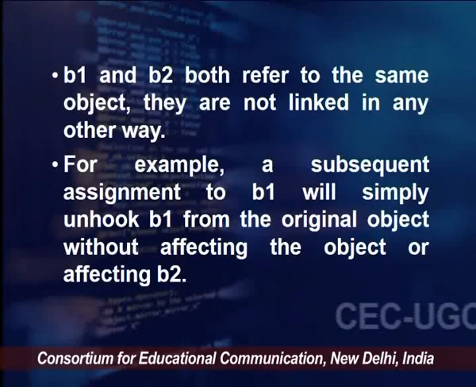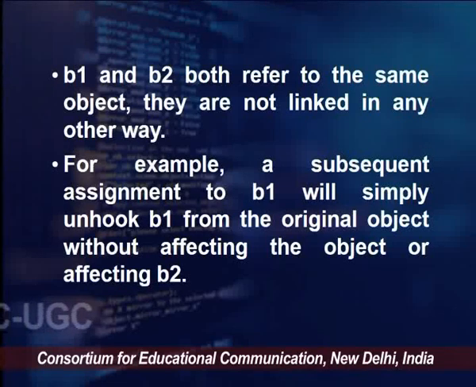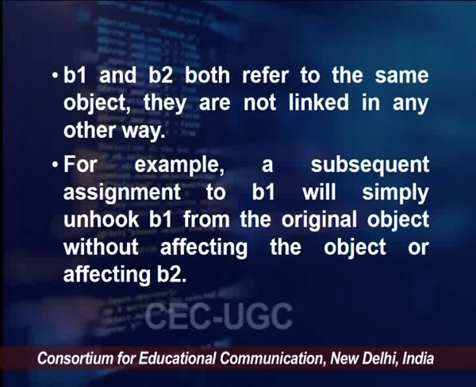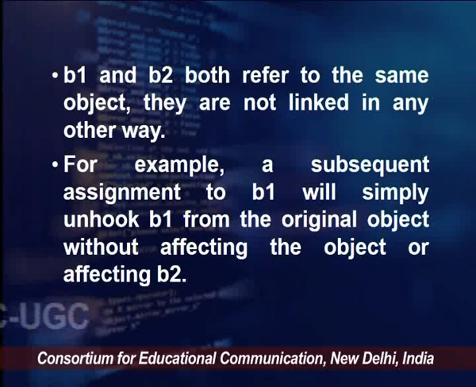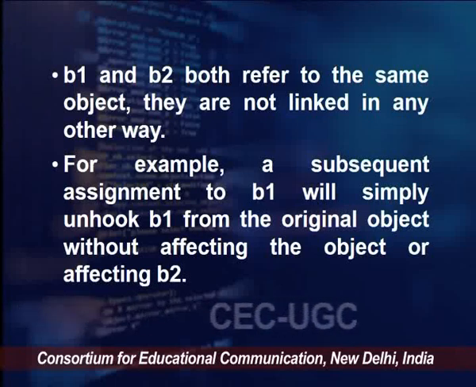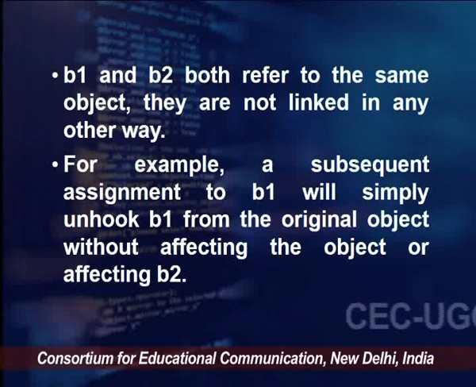There is no link between B1 and B2 except the fact that they are referring to the same object. For example, if we assign B1 something else, it is kept separate from the original object.